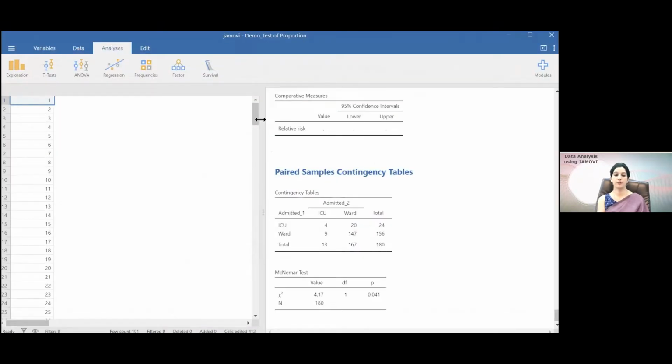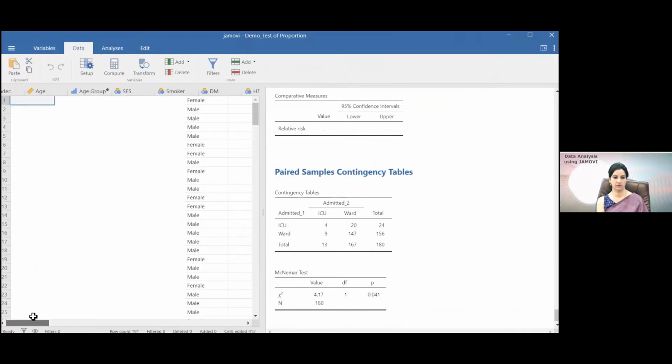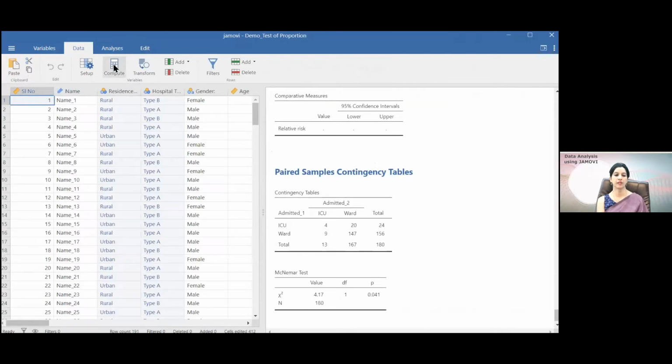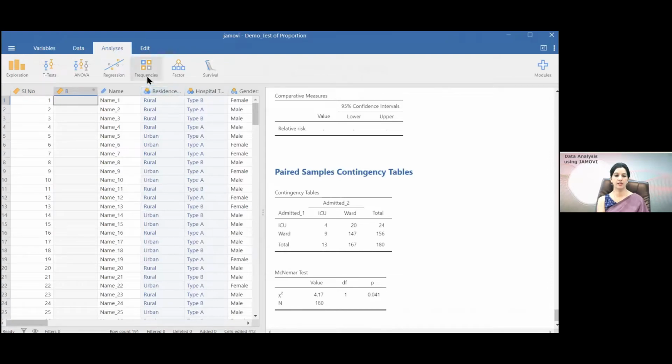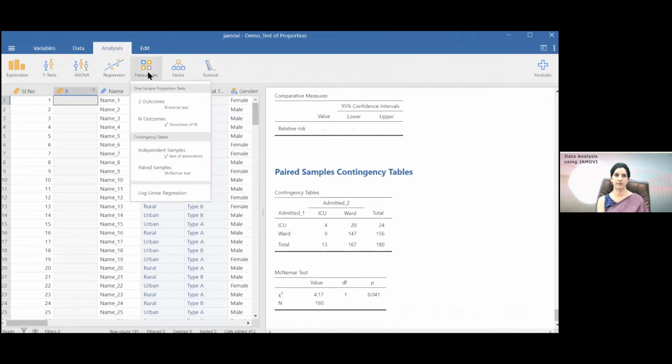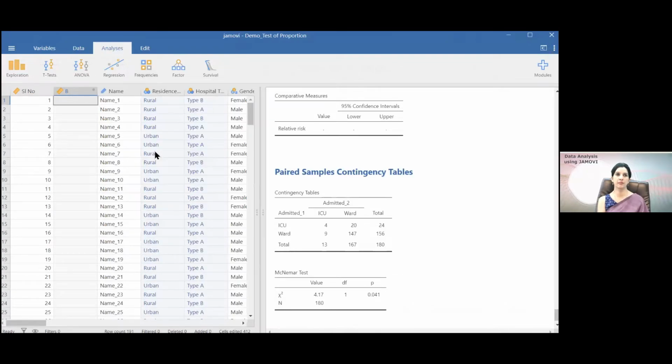Again, the options are same. If you see, I'll go, this is the data. So I will go to this analyze. Again, this is the frequency. Here you can see it will be like a contingency table only.